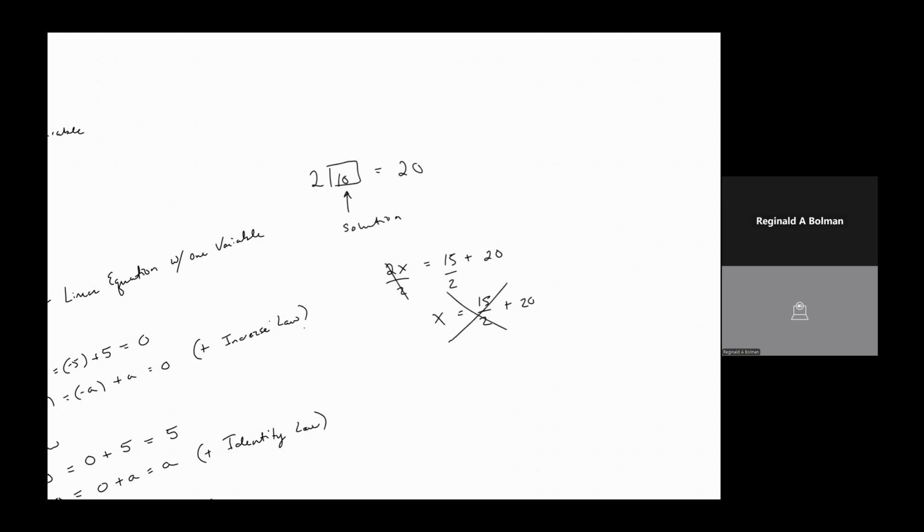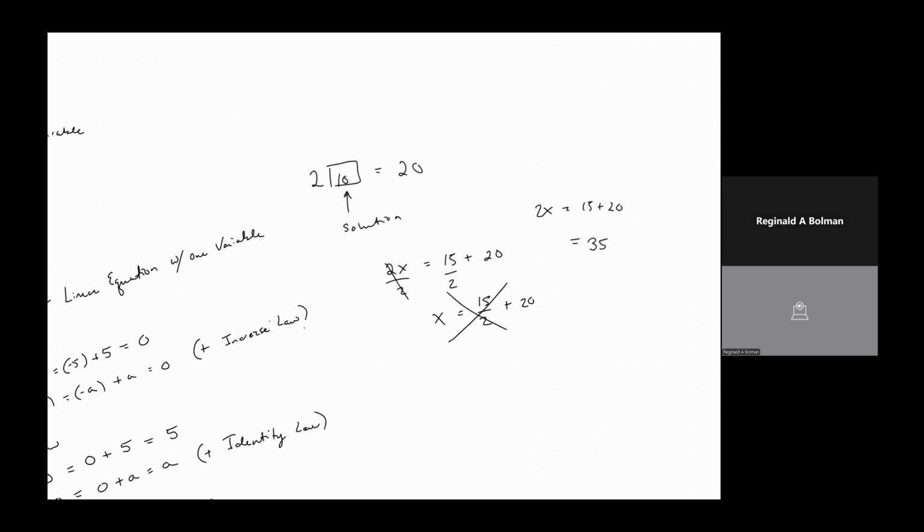So while you could divide on both sides, because you didn't divide on both sides correctly, you're going to obtain an incorrect answer. In fact, if 2x is equal to 15 plus 20, the way you know that that operation was incorrect is that you could have added 15 and 20 together. That would give you 35.